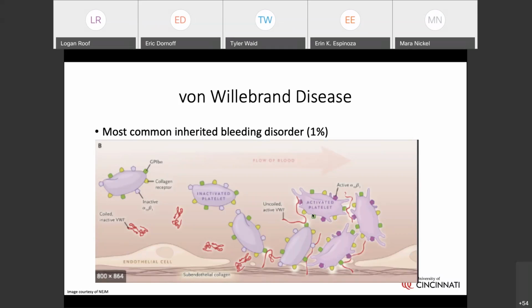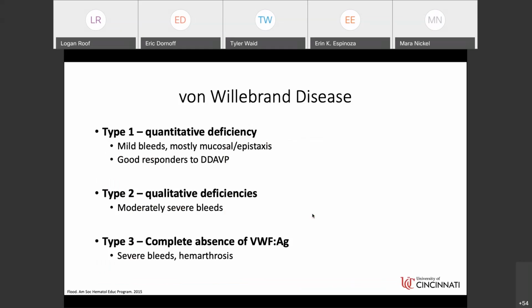Von Willebrand's disease is the most common inherited bleeding disorder. It's about 1% prevalence. There's three main types, and I won't even try to make you understand them because they're confusing even for us hemonc fellows. But more or less, one is mild, two is a little bit worse, and three is very severe.